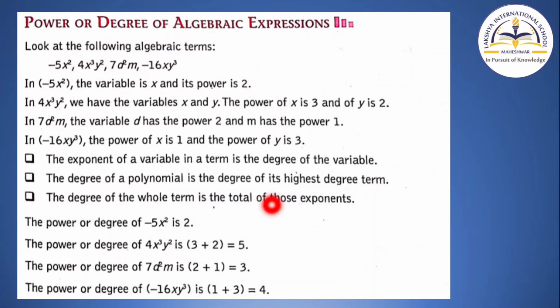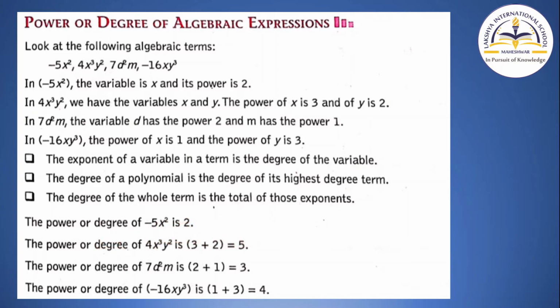Now we will see our next concept, power or degree of an algebraic expression. Now suppose we have minus 5x square. So here the power or degree is 2 because x has power 2. Now the power or degree of 4x cube y square. So you have to add them: 3 plus 2 is 5.